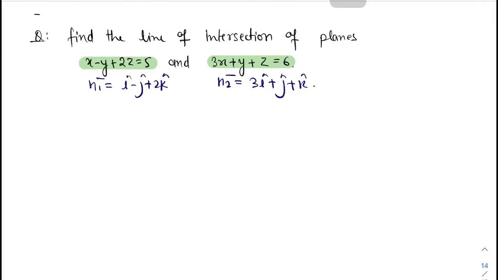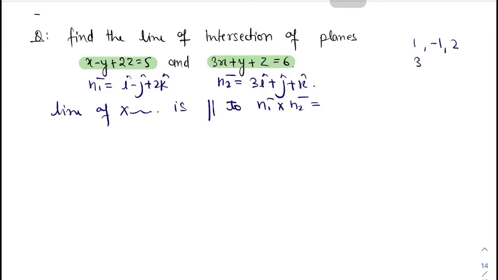So our line of intersection will be parallel to n1 cross n2. What will be n1 cross n2? The rows are 1, minus 1, 2 and 3, 1, 1. The cross product: by blocking the first column, the term will be minus 1 minus 2, that is minus 3.